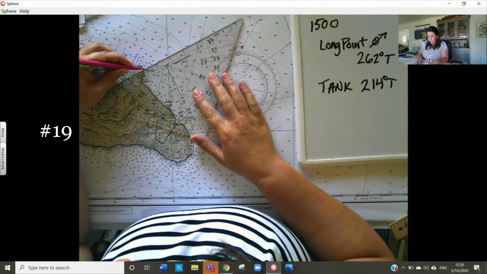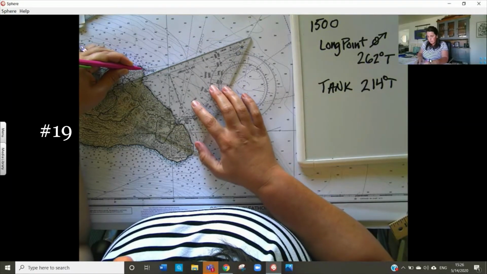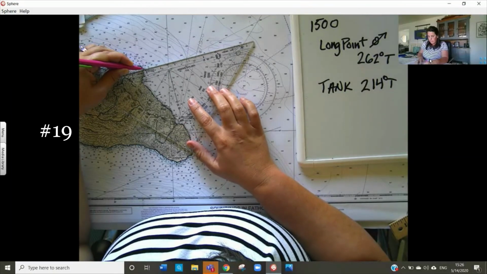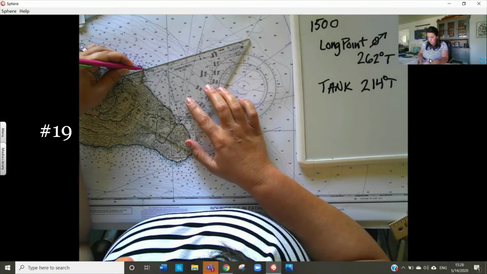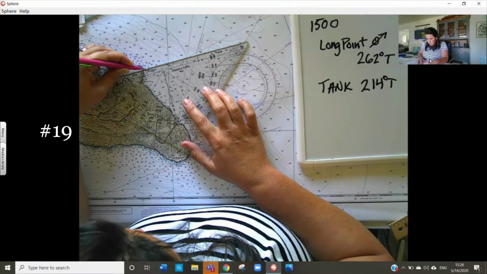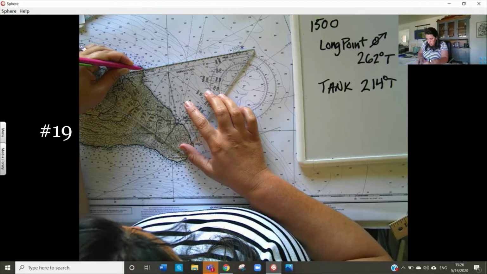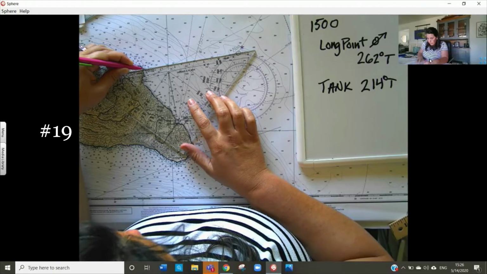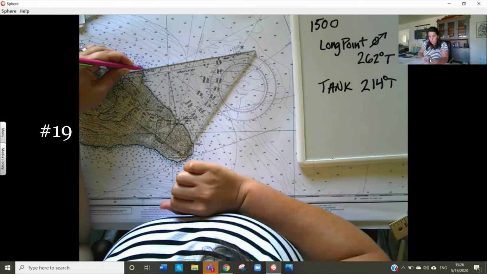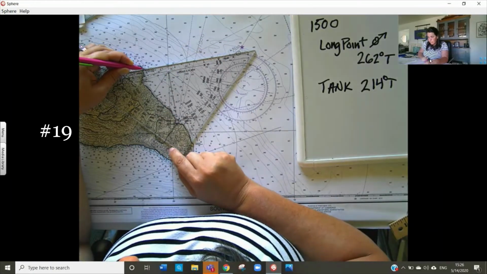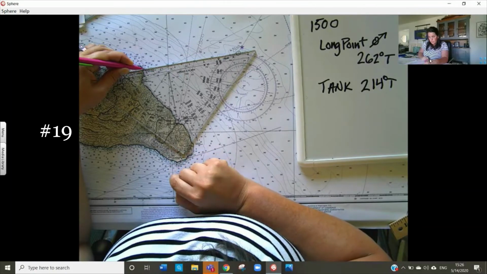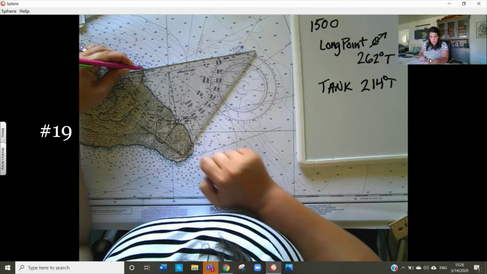So I'm going to move my triangle around until I can find 262. There we go. So I have my focal point on the meridian and then 262 crossing the meridian. There's a lot of little lines there, so it's a little hard to see.